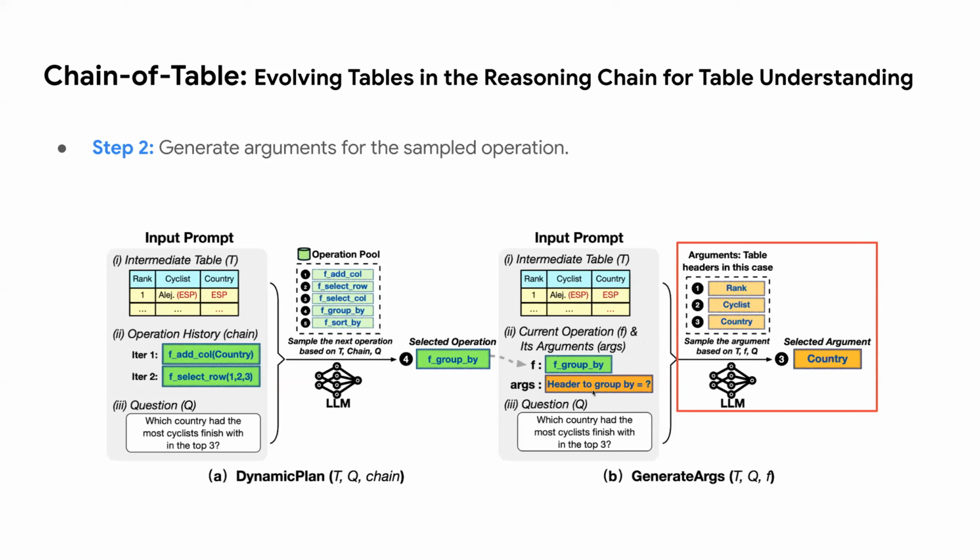Since the operation is already decided, it's just like a lookup table. When group by is decided, we find the corresponding arguments for it and prompt our model with all this information and get the answer. In this case, the group by argument is the column country. Then we wrap this operation and this argument together and process the table, getting the new intermediate table at the next step.